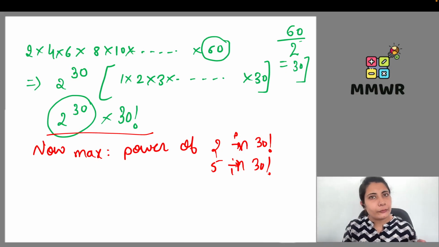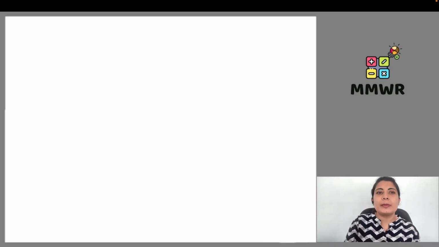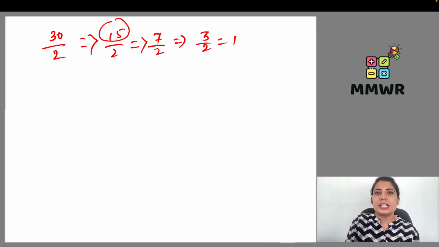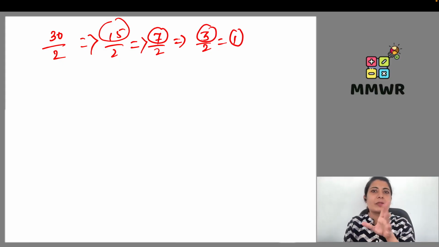But as I said before कि 2 की पावर्स ज़्यादा ही आने वाली है तो 30 फैक्टोरियल में अगर मैं 30 को 2 से डिवाइड कर दूं तो 15 मिलेगा. 15 again divided by 2 gives me 7, 2 7s are 14. Again by 2 gives me 3, 2 3s are 6. Again by 2 gives me 1, 2 1s are 2. So 15 plus 7 plus 3 plus 1: 7 plus 3 is 10, 15 plus 10 plus 1 is 26.